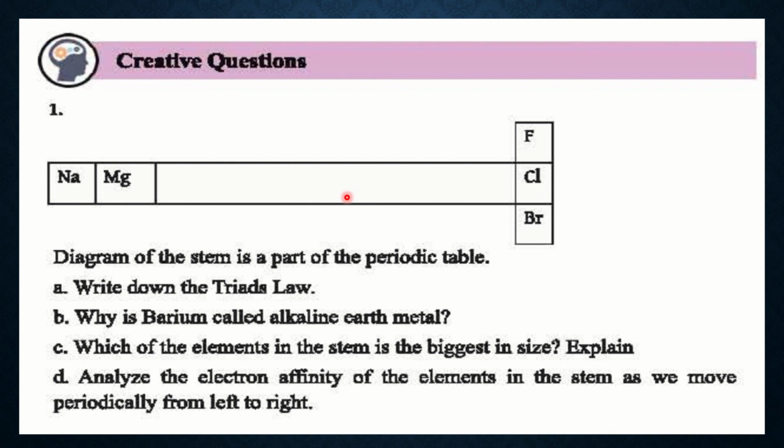So to add 1 electron, more energy is released by the atoms of the right side. So among these elements, sodium, magnesium and chlorine, or you can explain the elements of the third period, sodium, magnesium, aluminium, silicon, phosphorus, sulfur and chlorine, the electron affinity of chlorine is the highest. This is the analysis of electron affinity of the elements from left to right.